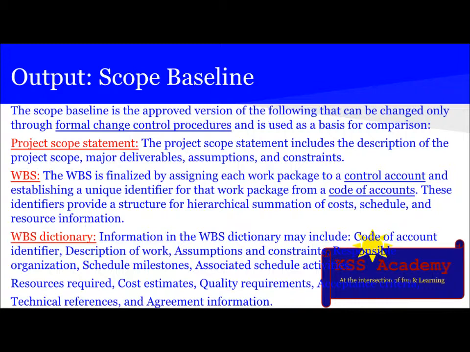WBS dictionary information: the WBS dictionary may include code of account identifier, description of work, assumptions and constraints, responsible organization, schedule milestone, associated schedule activities, resources required, cost estimates, quality requirements, acceptance criteria, technical references, and agreement information.